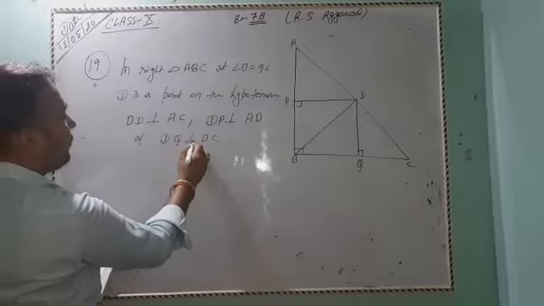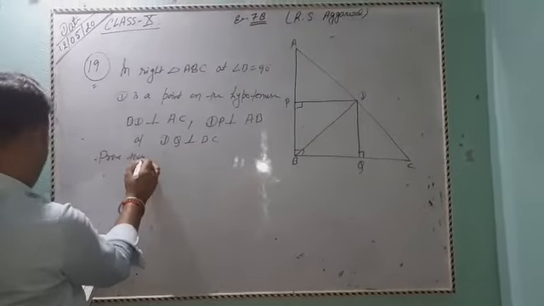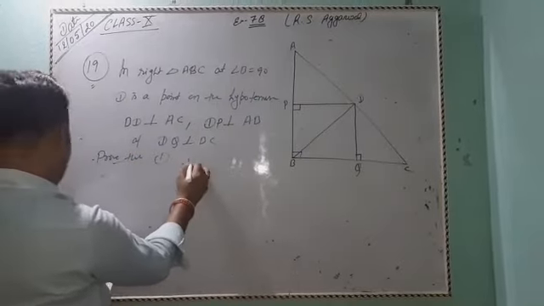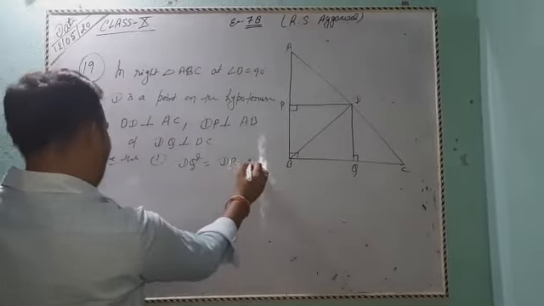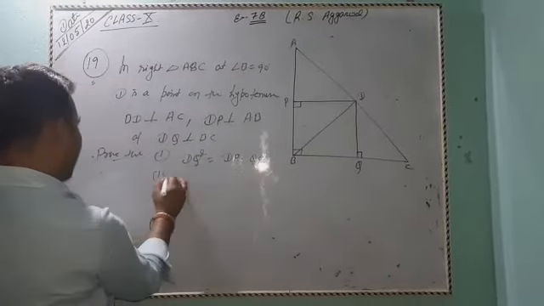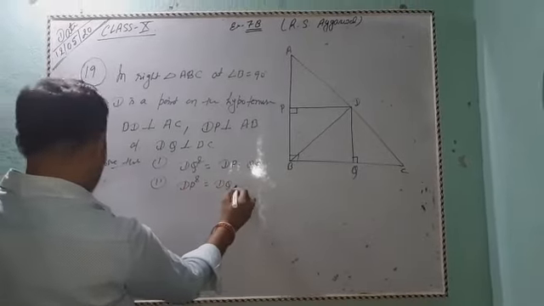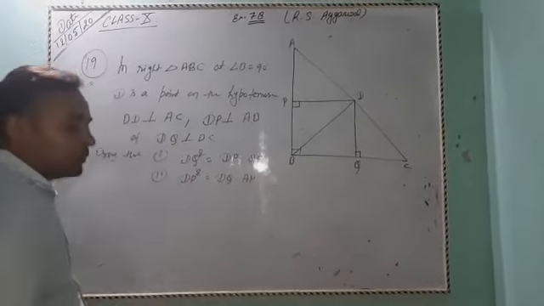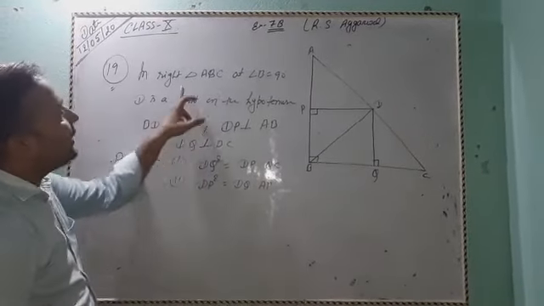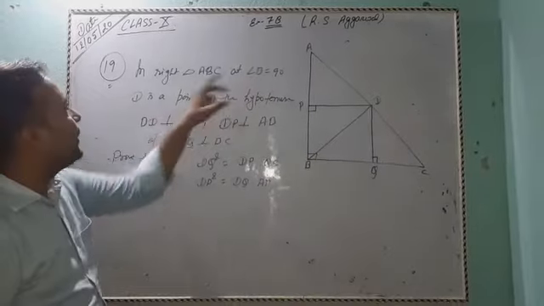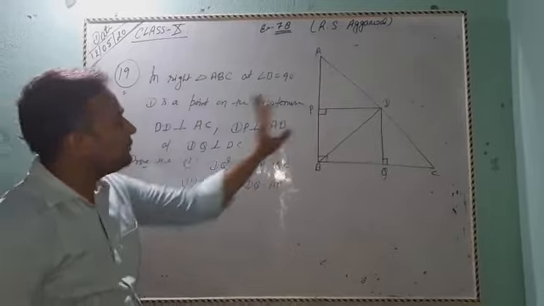Okay, prove that, first, DQ square equal to DP into QC, and second, DP square equal to DQ into AP. So in right triangle ABC, angle B equal to 90 degrees, D is a point on the hypotenuse AC.